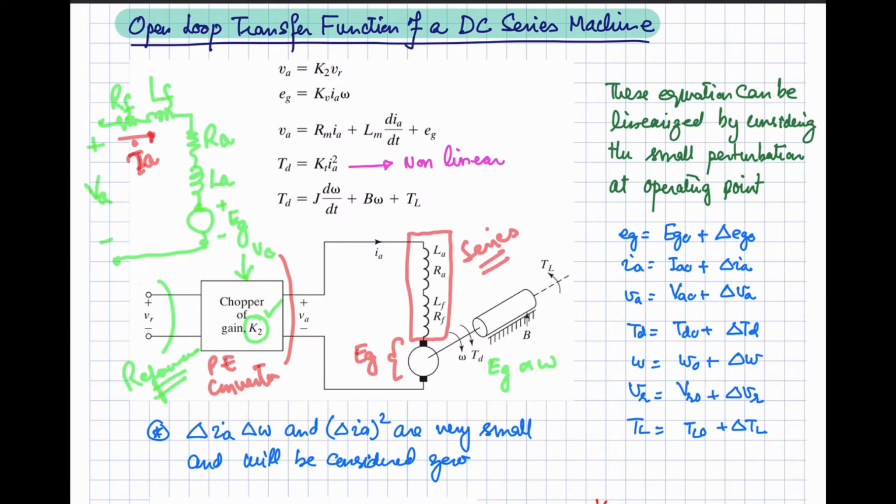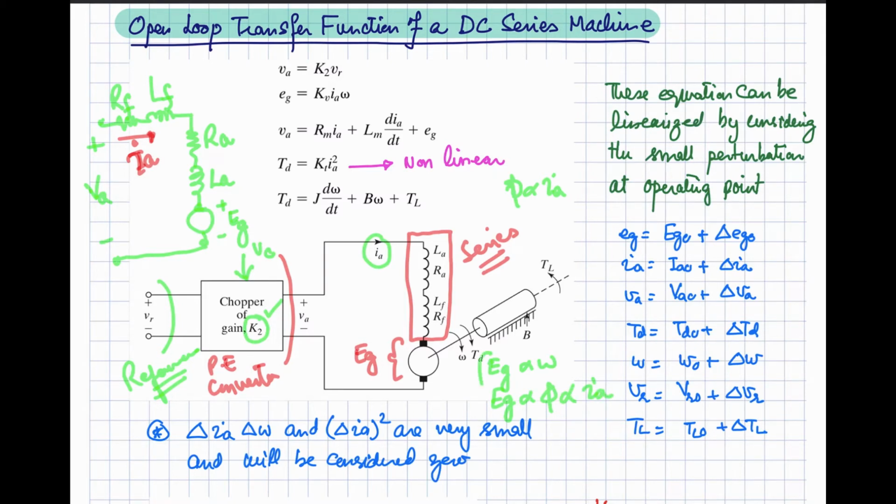So EG is proportional to omega, and it depends upon the magnitude of the current in this winding. More current will be there, more flux will be there, right? Flux is proportional to IA, and when more flux will be there, there will be more induced EMF. So EG is proportional to flux, which is proportional to IA.